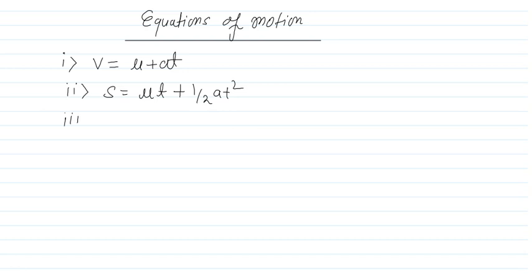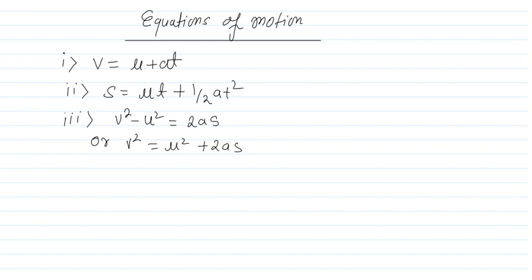Third equation is v square minus u square is 2as, or you can write as v square is equal to u square plus 2as.